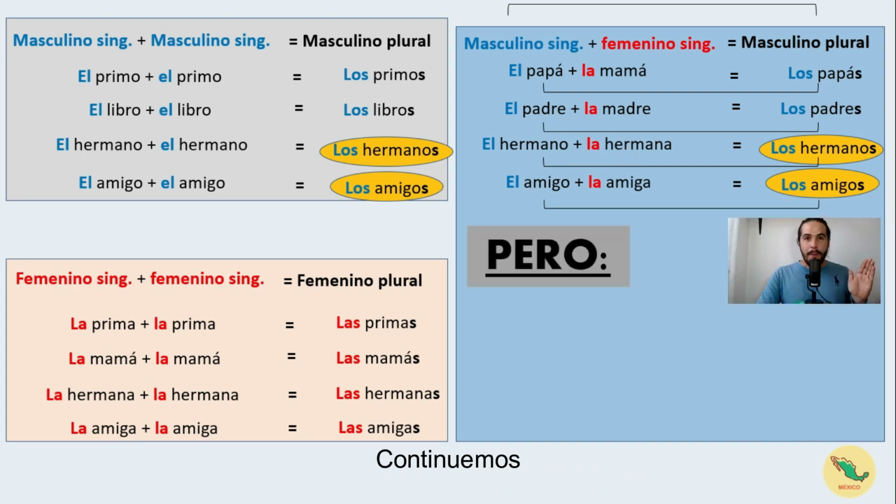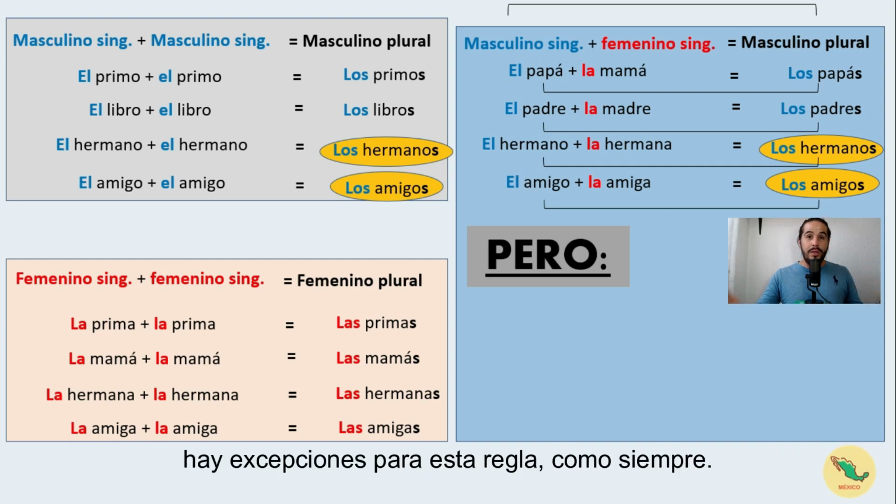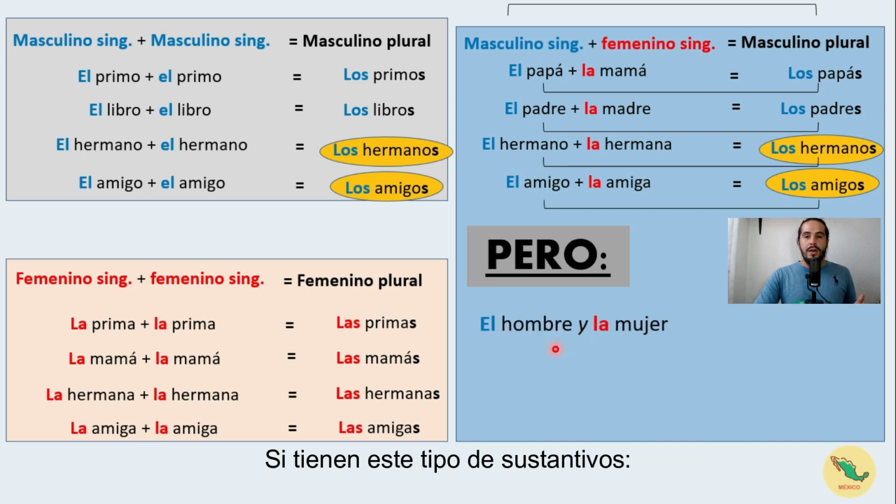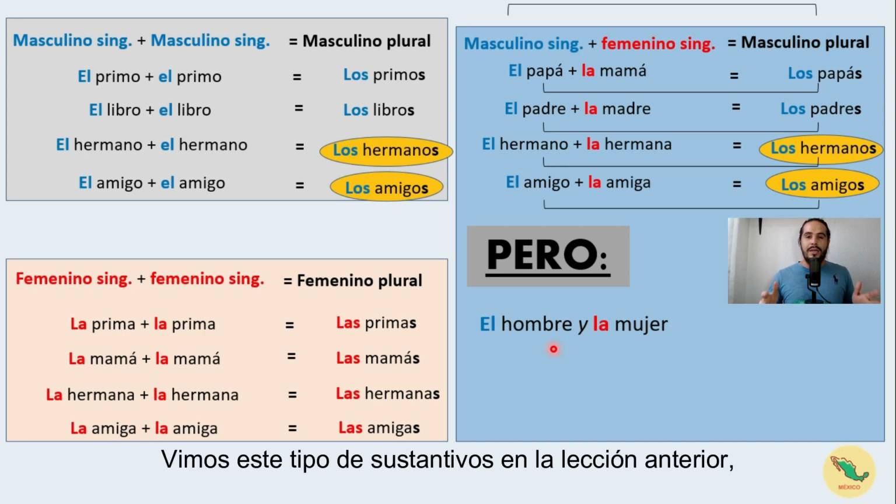Let's continue. Pero, there are exceptions to this rule, as usual. If you have this kind of nouns, el hombre y la mujer. We saw this kind of nouns in the previous lesson, so again, I recommend you to watch it.